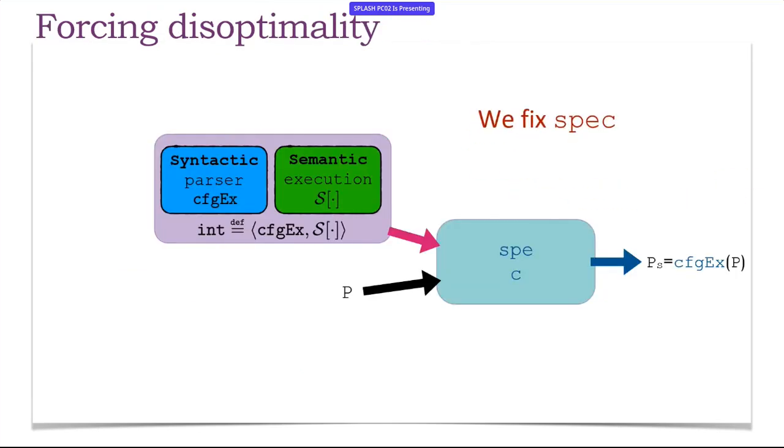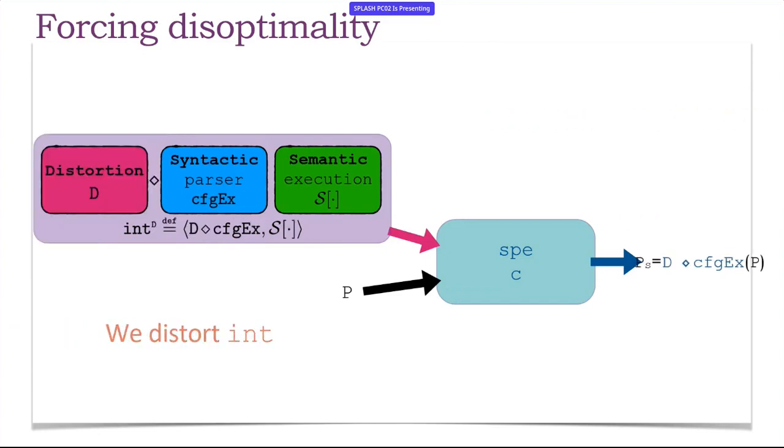In particular, the generation of the control flow graph is indeed a specialization of the interpreter with respect to the program, since it just partially evaluates the program by looking at the control flow structure, and we distort the interpreter in order to introduce features that make the resulting program an obfuscation.